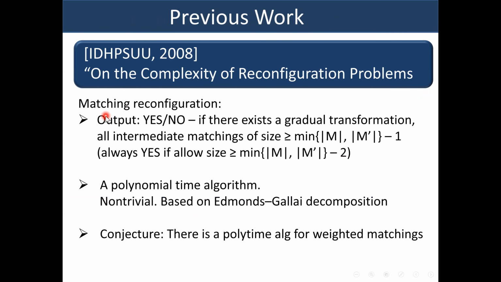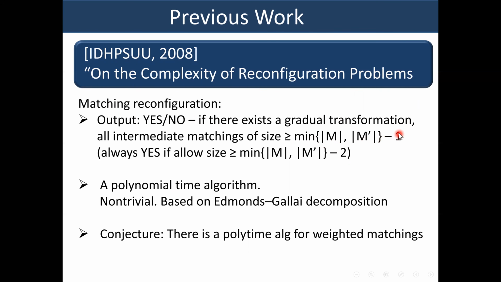In the previous work by Ito et al., they studied the complexity of several reconfiguration problems, including the matching reconfiguration problem, and they gave a polynomial time algorithm for this decision problem of whether or not there exists a gradual transformation, as we discussed, where you never decrease the size of the output matching by more than 1 unit.